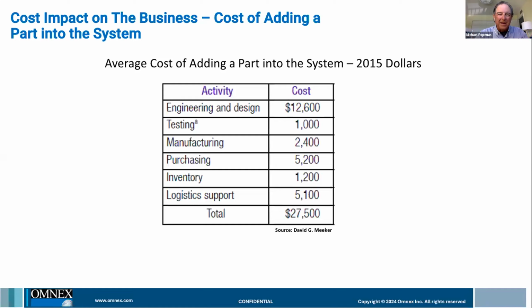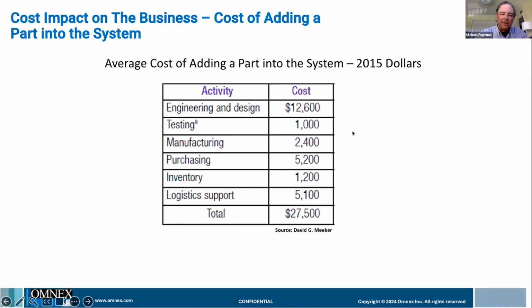What's the cost of just getting a part in our management system, in our part bin, if you will? This is just a quick look at a very simple part, and it's actually the total cost just to have it in our part bin. From the engineering, test, manufacturing, purchase, inventory, and logistics, $27,000 just to put a very simple part into our system, right?